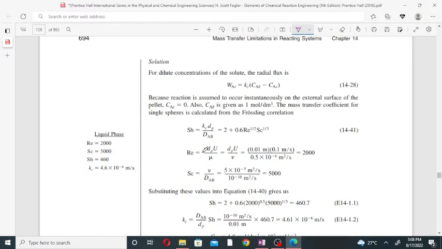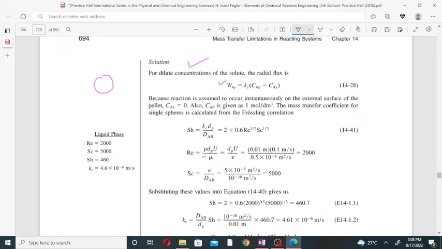Now for a dilute solution, for dilute concentration, the radial flux is given as follows.